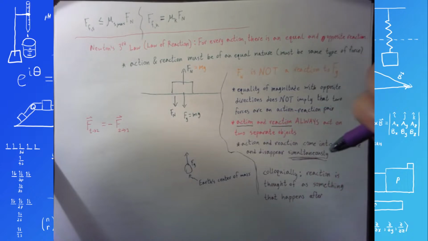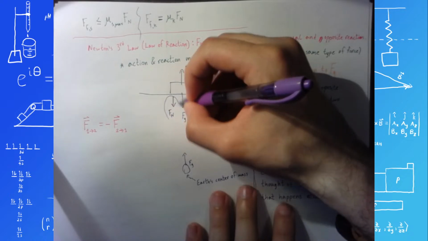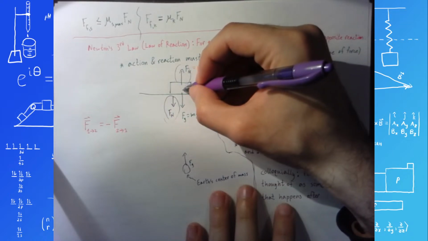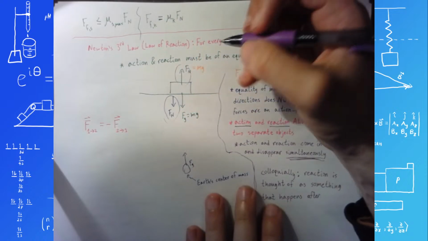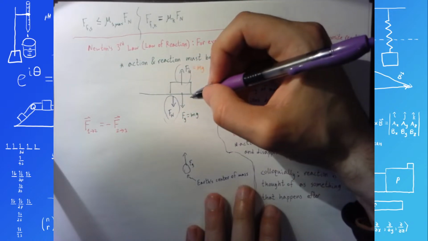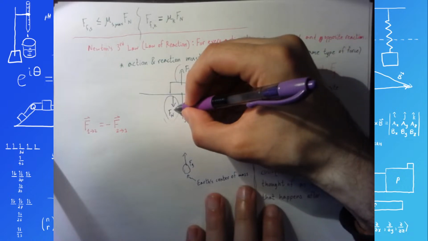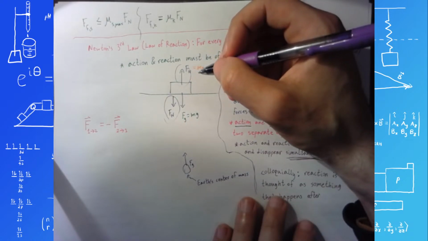So actually, it doesn't matter if I go back to this diagram. If I pick, for example, these two forces, the normal force of the ground on the box and the normal force of the box on the ground, I can say this is the action and this is the reaction, but it's also fair to say that this is the action and this is the reaction. There is no priority.